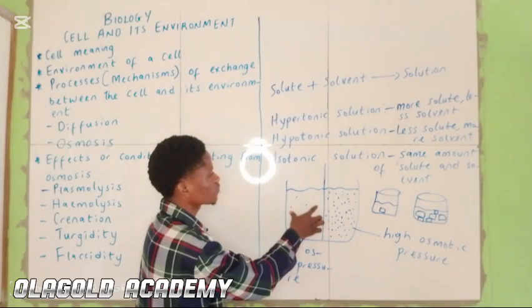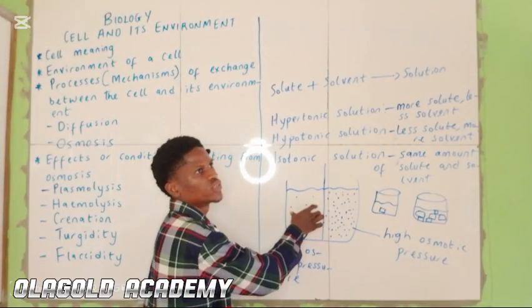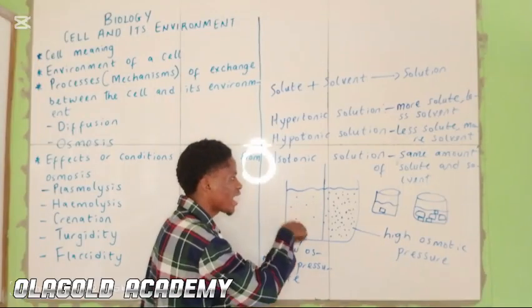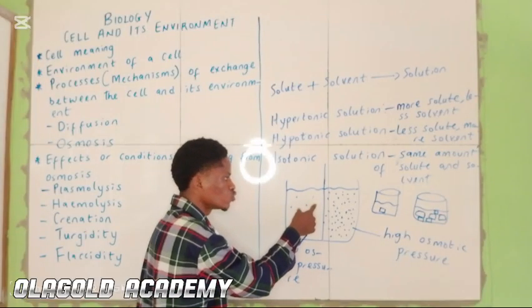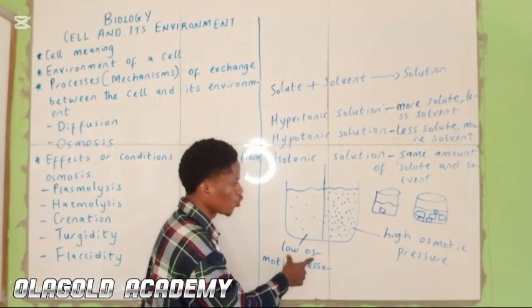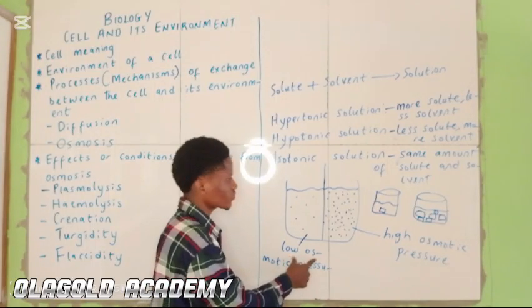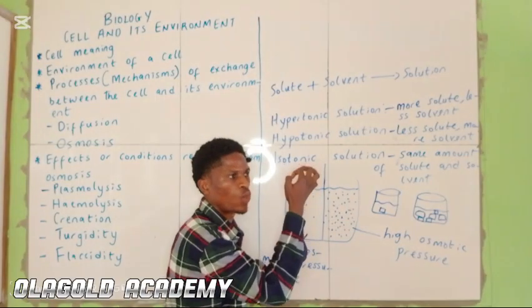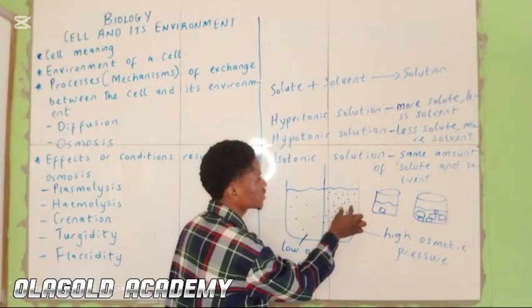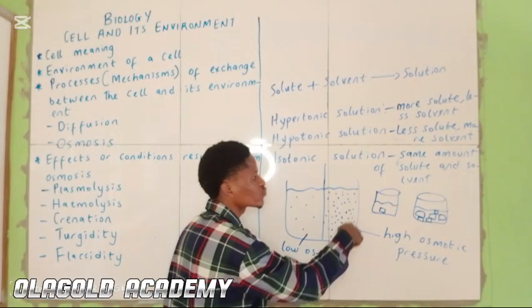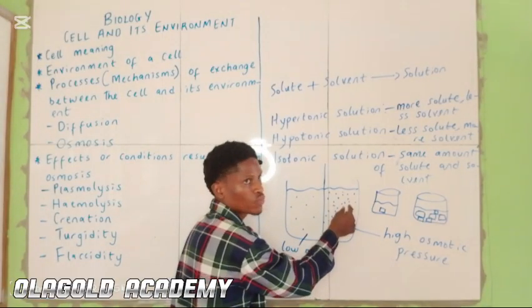Here has more water molecules, less solute. So it has what? Low osmotic pressure. This place has less water molecules and contains more solutes.